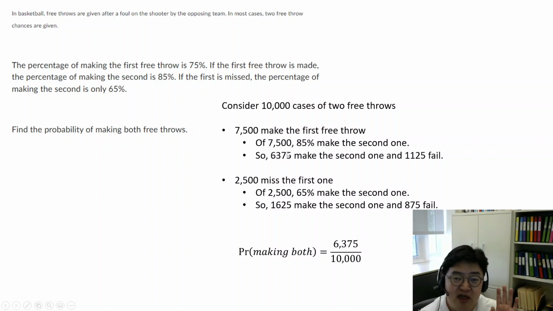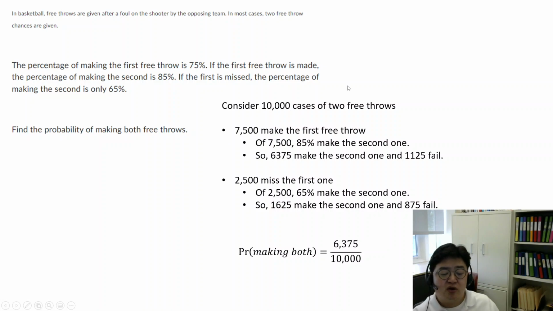So mathematically that's not a problem, but it does not make sense in our storytelling. So I'm going to use a larger number to avoid decimals, to keep the numbers whole integers, I'm going to use 10,000.